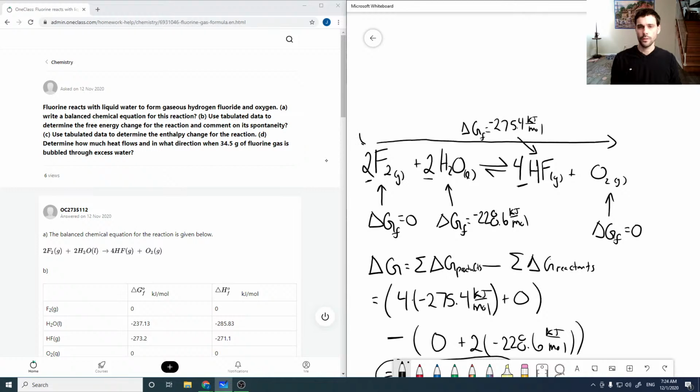So there's 2 moles of fluorine per mole of the reaction, 2 moles of water per mole of the reaction, 4 moles of HF per mole of the reaction, and 1 mole of oxygen per mole of the reaction.